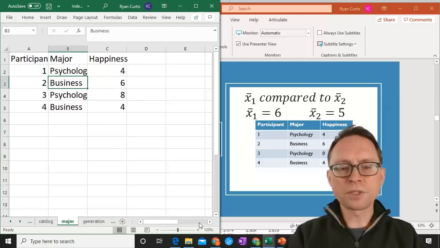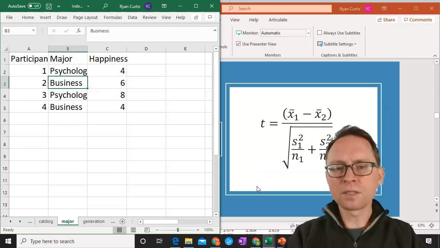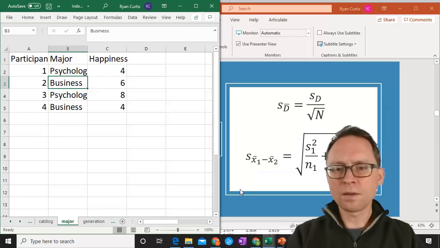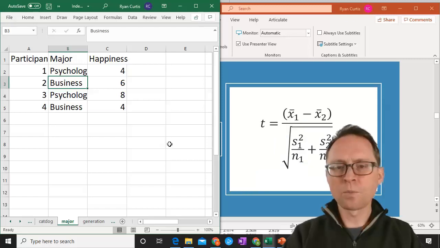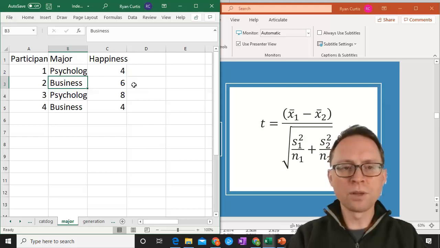And what this is asking us to do, you can see it here: we're going to get x bar sub 1 minus x bar sub 2 divided by the variance sub 1, variance sub 2. So I'm going to split happiness by psychology and business majors.